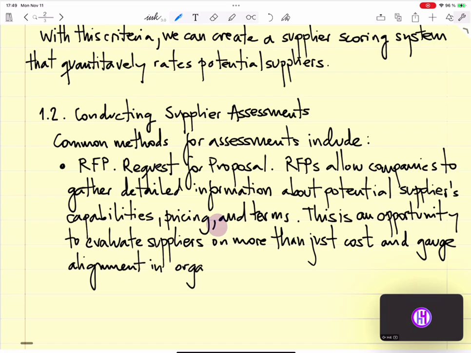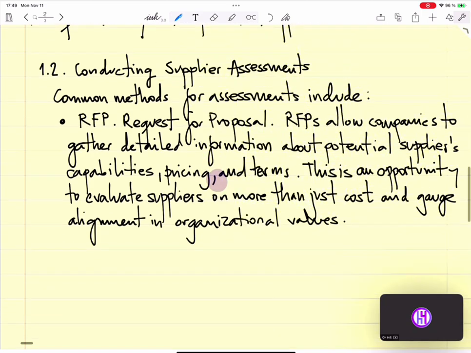For instance, if they are interested in, let's say, sustainability or green or something like that. Okay, so then you can go have site visits and audits. We will look into that later in the lectures.